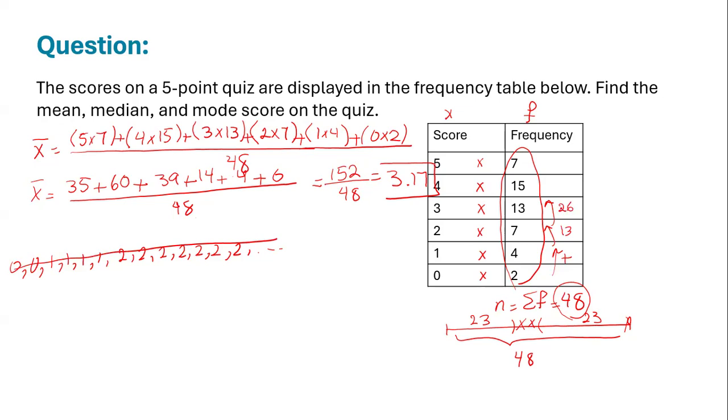Okay, that tells me the data value number 24 and 25, both of them are 3. That's right. So to find the median, I have 2 numbers in the middle, which is 3 and 3, and then divided by 2, which gives me 3. That is the median.